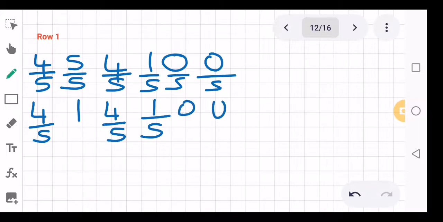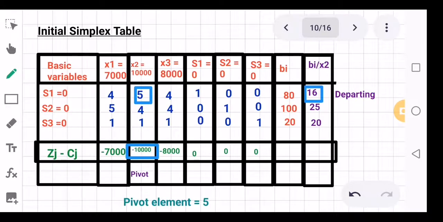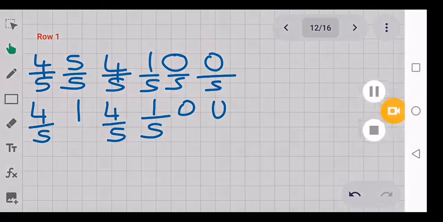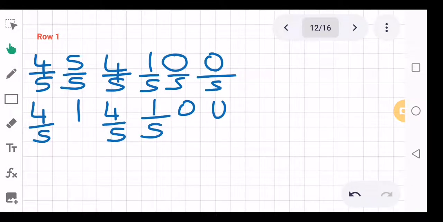I think one element is missing. 4, 5, 4, 1, 0, 0. Okay, it's correct, that's totally 6. So these are the values that you'll get. You can convert it to decimal form so that you can easily place it in the table. 4 by 5 is 0.8.